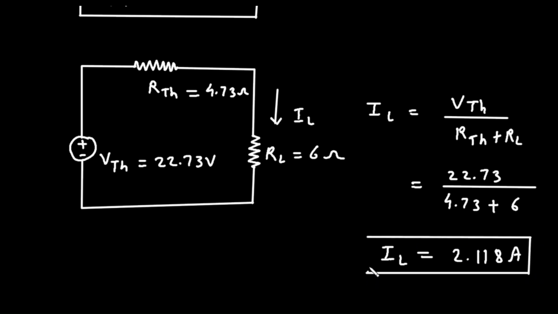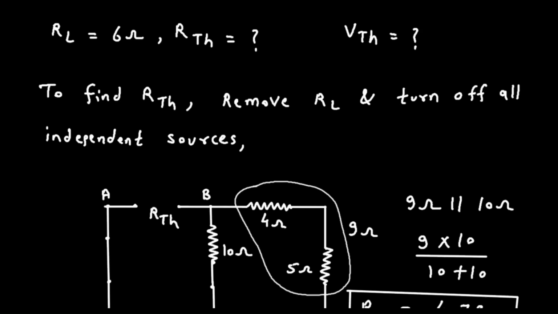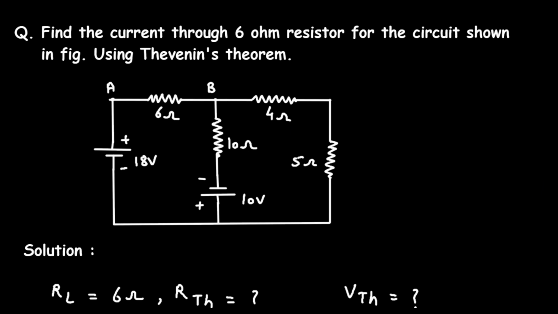That means the current through the 6 ohm resistor is 2.118. So this is how we can find the current through the 6 ohm resistor by using Thevenin's theorem.